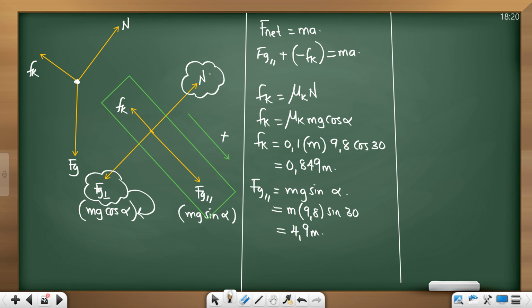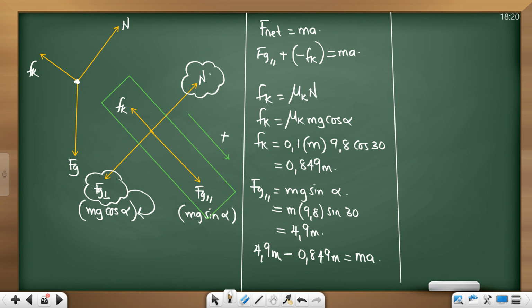Beautiful. Now, that should be equal to what? ma. Let's throw everything back. What is my F_g parallel? 4,9 m minus 0,849 m equals to what?